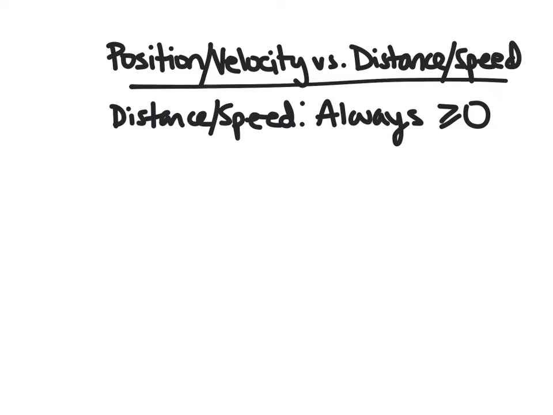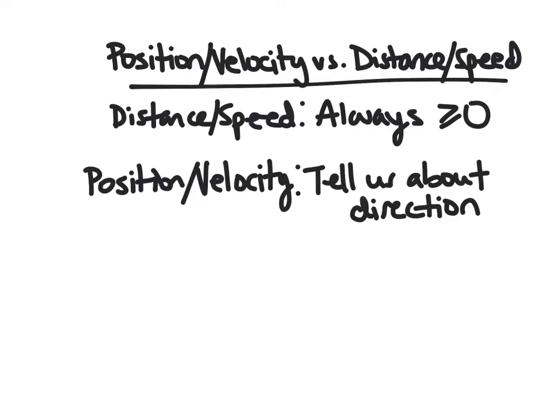So that is what distance and speed is talking about. It's always non-negative. On the other hand, position and velocity give us a bit more information. These tell us about direction. You notice in my example, I talked about miles east of something. Well, if you go west of it, you are negative miles east. Same with velocity. If you are going backwards, then you have a negative velocity, but a positive speed.